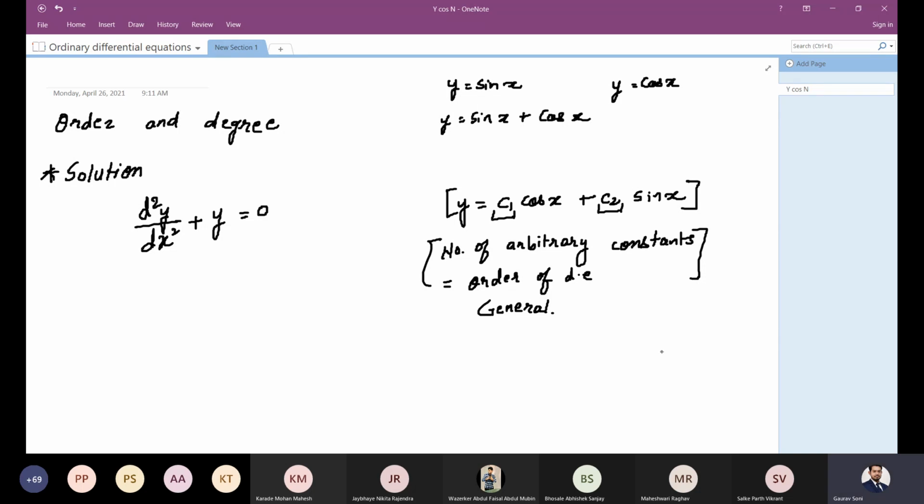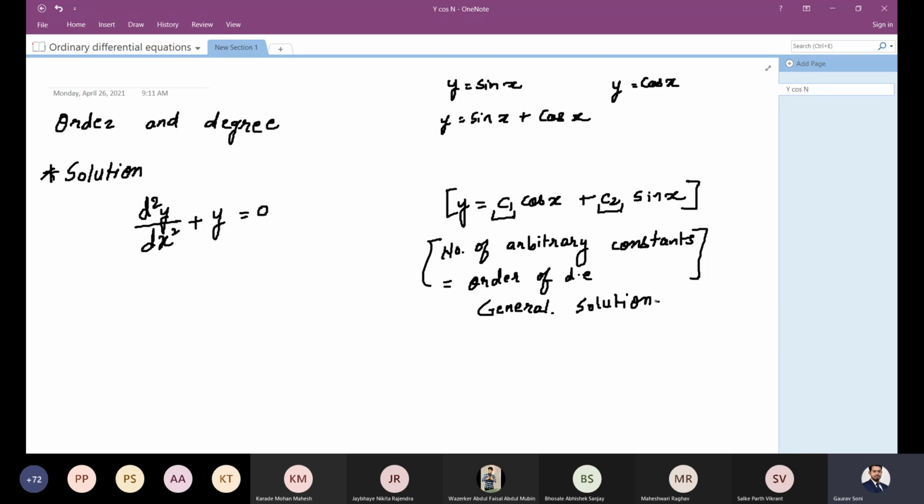Such a type of solution is called the general solution. Remember the definition: the solution in which the number of arbitrary constants is equal to the order of the differential equation. And the other type is the particular solution. The solution obtained by assigning particular values to the arbitrary constants is called the particular solution.